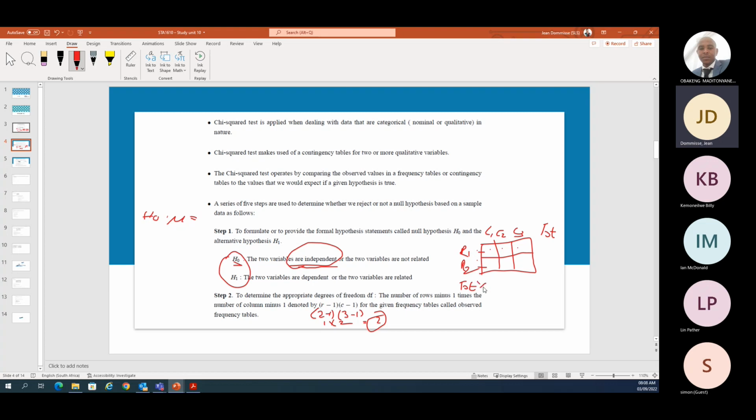So total is never part of the equation to work out the degrees of freedom. I think that is very important because a lot of times they include total and we quickly say, oh no, there's 3, there's 4, and then we do get the wrong answer. So total is never part of your equation to work out the degrees of freedom.